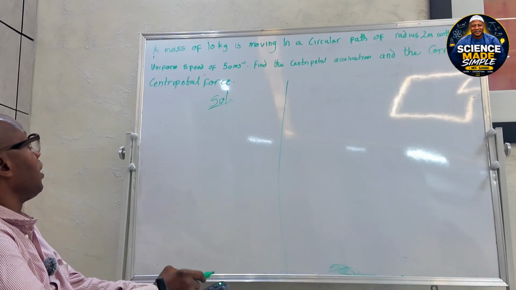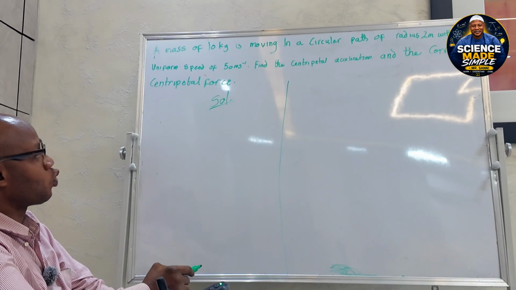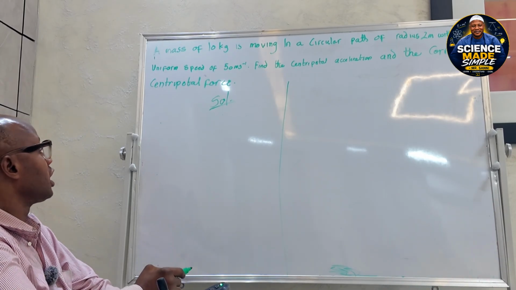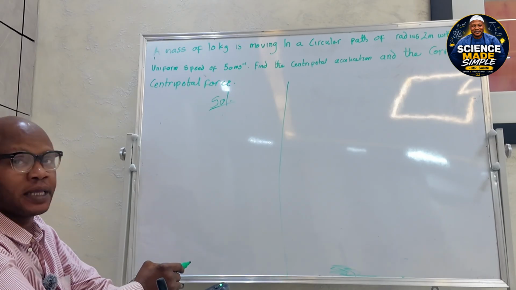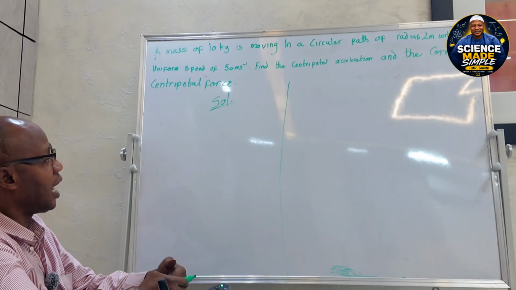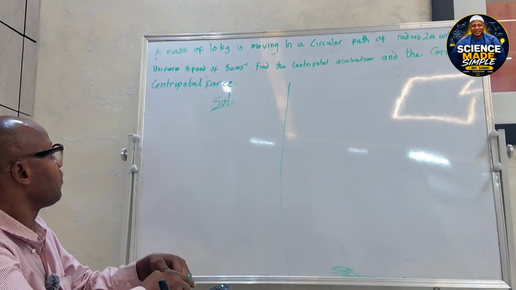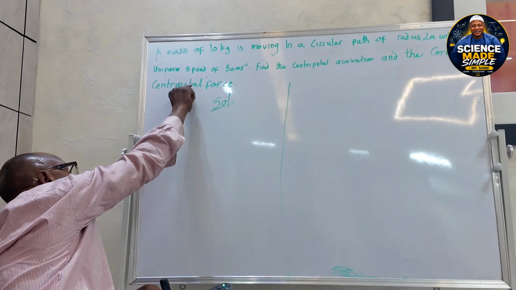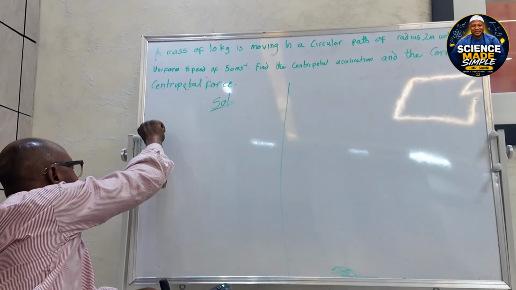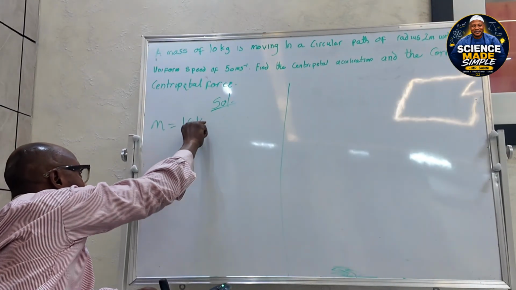Another example. A mass of 10 kilogram is moving in a circular path of radius 2 meter with a uniform speed of 50 meter per second. Find the acceleration and the corresponding centripetal force. Now, from the question, we have the mass of the body to be 10 kilogram.